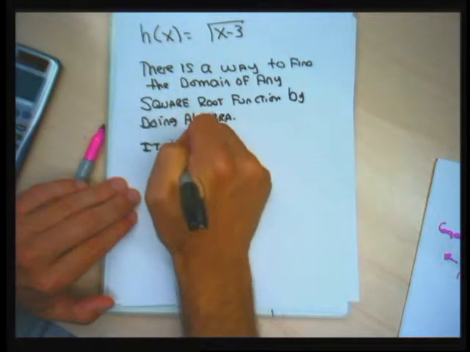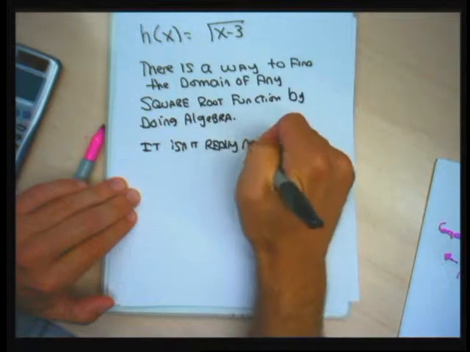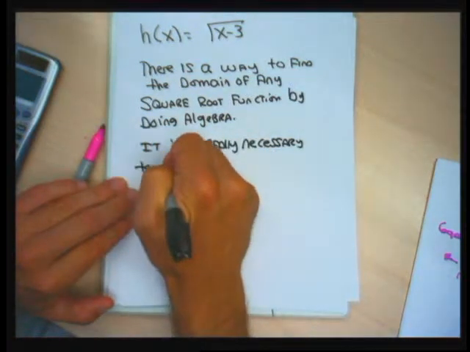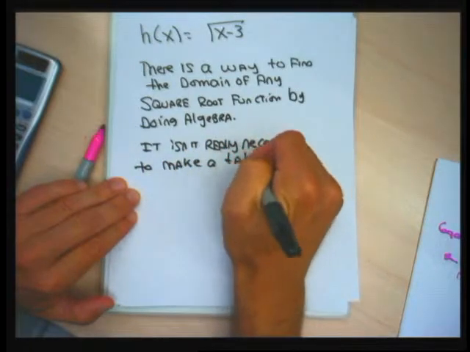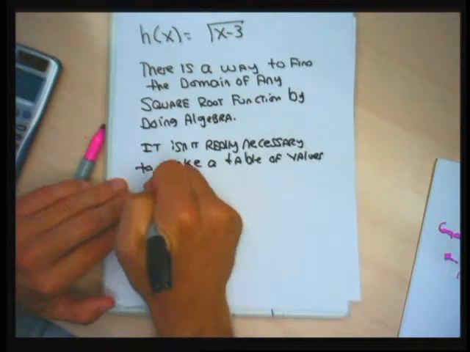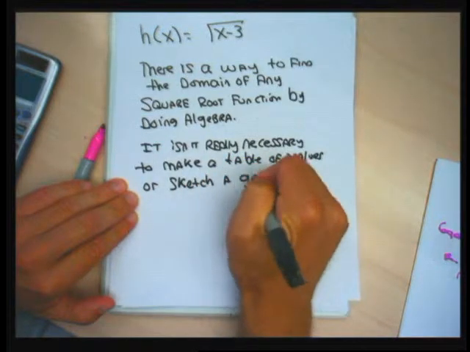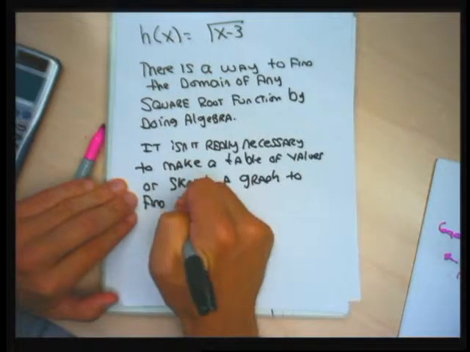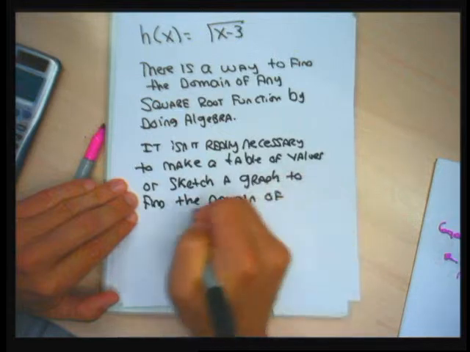It isn't really necessary to make a table of values or sketch a graph to find the domain of a square root function.